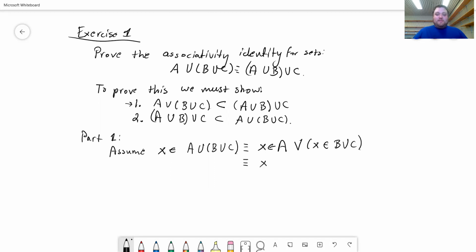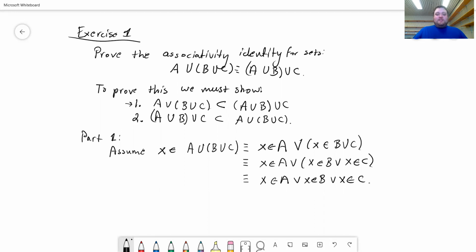So this is equivalent to X is an element of A, or X is an element of B, or X is an element of C.